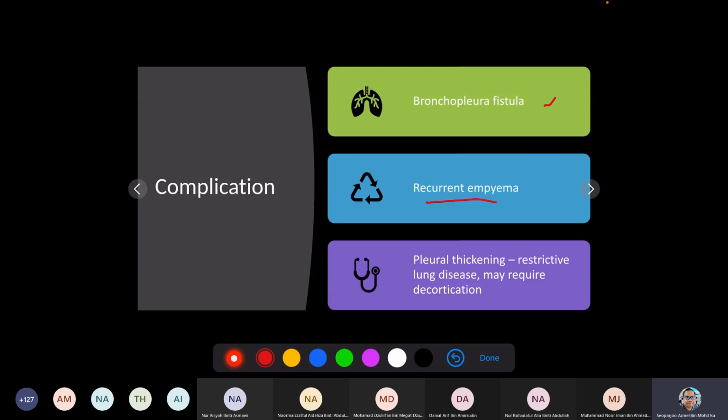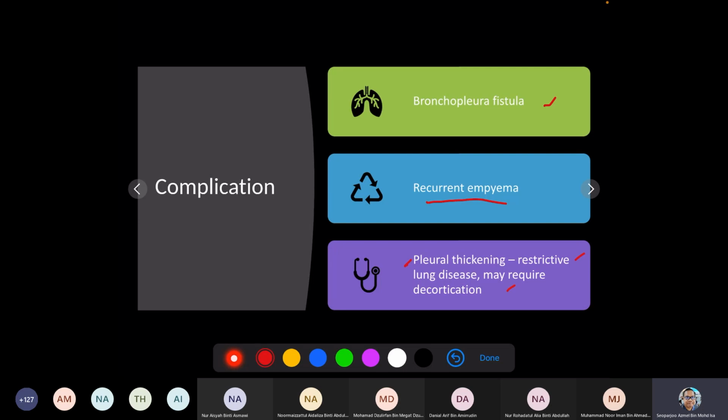As you know, it's very difficult to treat empyema because it is a closed space, and even if we give antibiotics, sometimes it won't kill 100% of the bacteria. So the patient will come with recurrent empyema and need a further course of antibiotics to become healthy again. And over time there will be some pleural thickening, and the patient will present with restrictive lung disease and may require decortication.